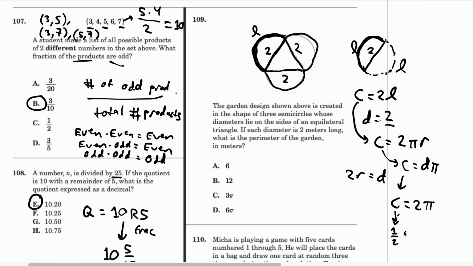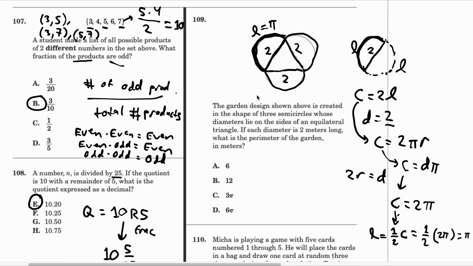So 1/2 of the circumference, which is the same thing as L, is equal to 1/2 times 2 pi, and that would just be pi.